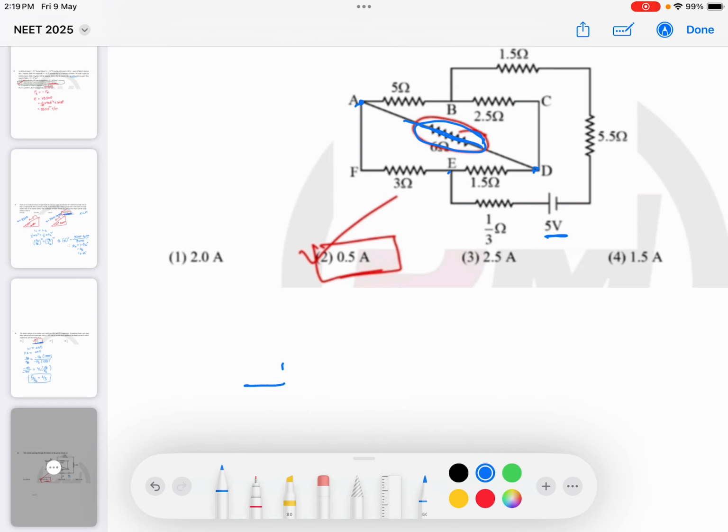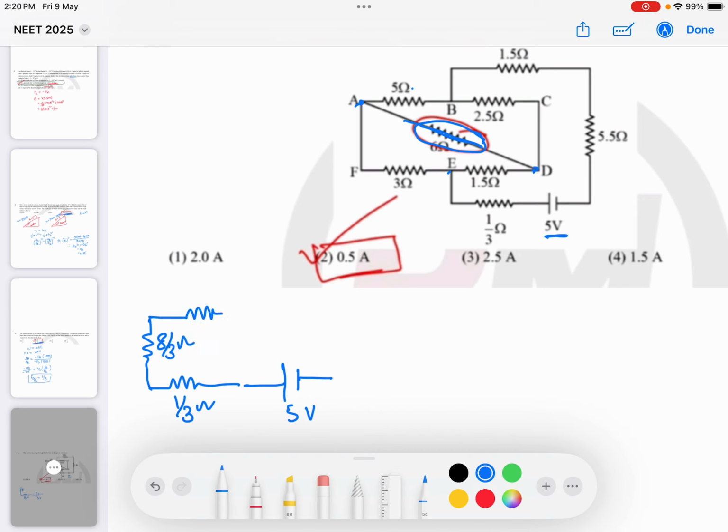Suppose you take the potential 5 volts. On the left hand side we have 1/3 of resistance. So here you can solve it. 1.5 and 2.5 are in series combination. 5 and 3 are in series combination. These resultant two are in parallel combination. So that parallel combination resultant you get is 8 by 3 ohm.